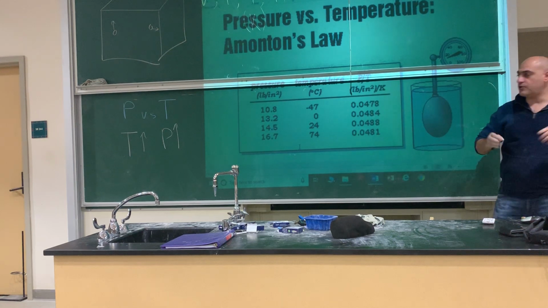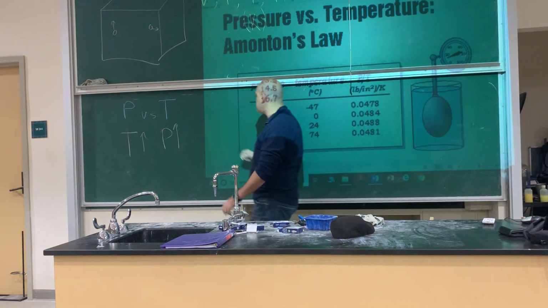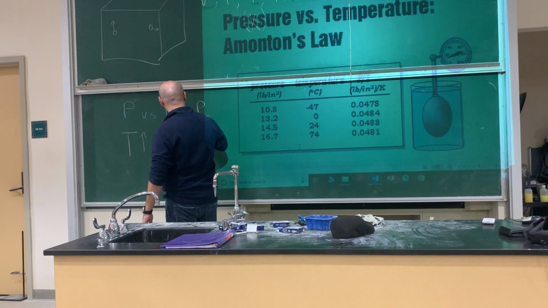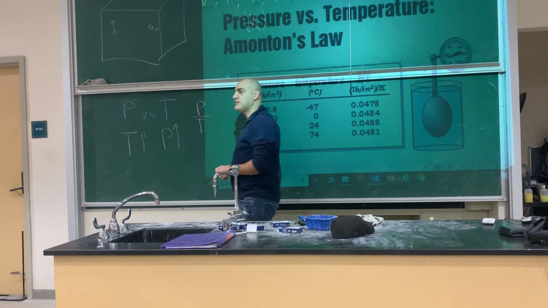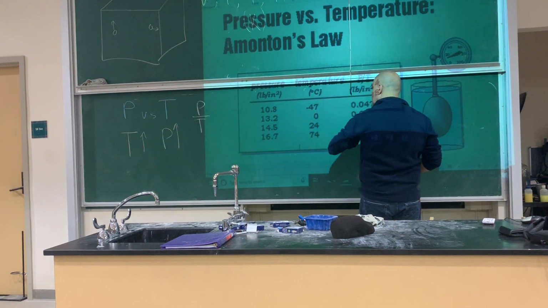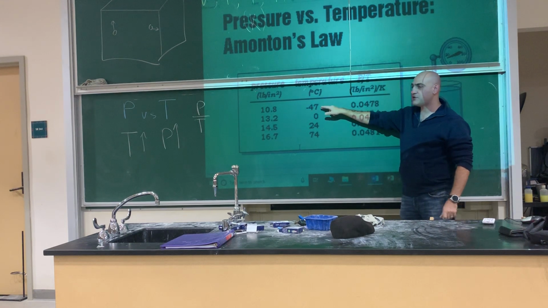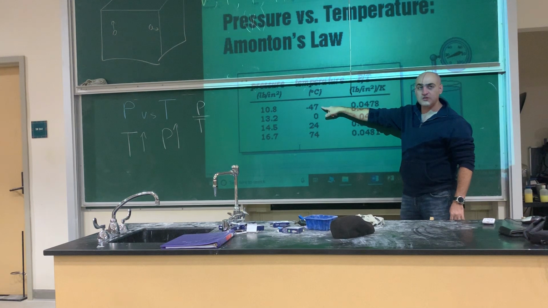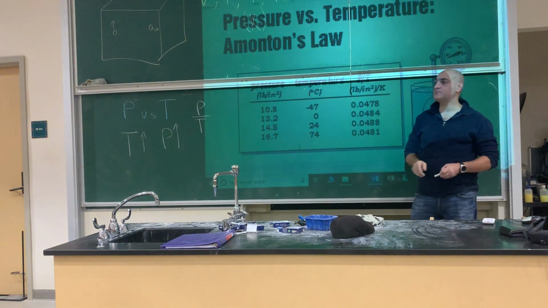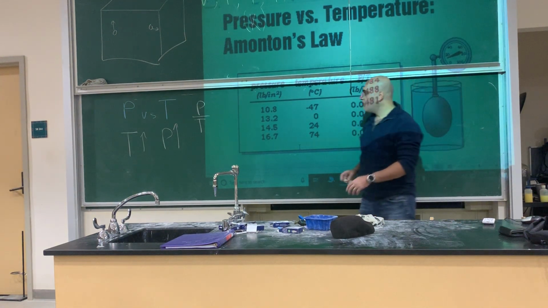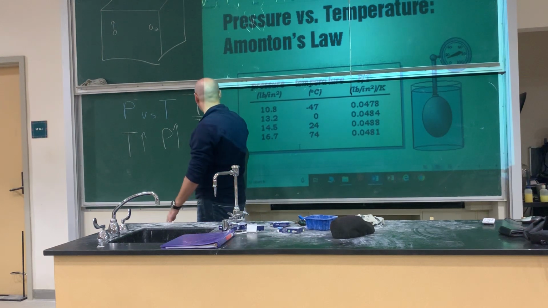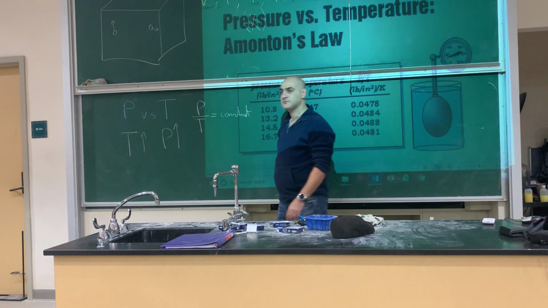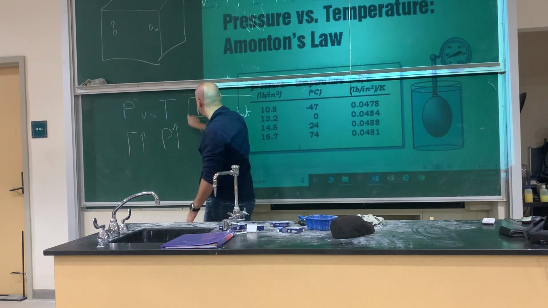And long story short, every time he takes pressure and divides it by the temperature in his experimental data, and notice that before you do any divisions, you have to make sure that if it's in units of Celsius, you change it to units of what, guys? Kelvin. And so P over T is going to give us a constant. That's what we get. That's Amonton's law.